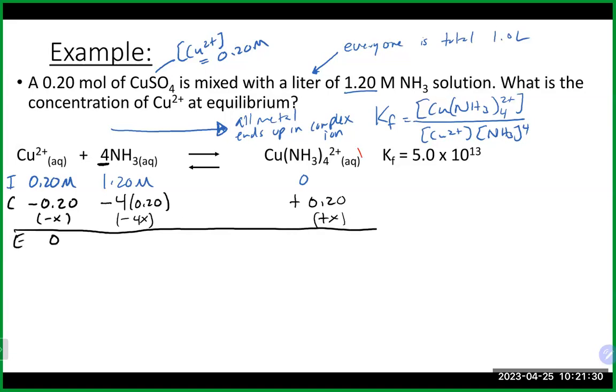We will end up with 1.2 minus 4 times 0.2. That's going to give us 0.4 molar, and this will give us 0.2 molar.